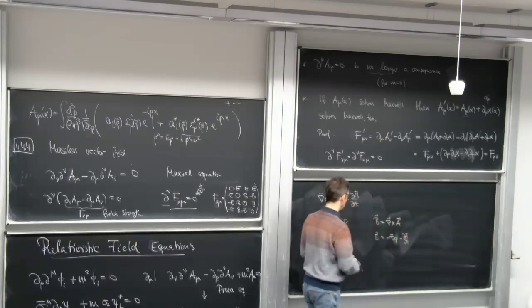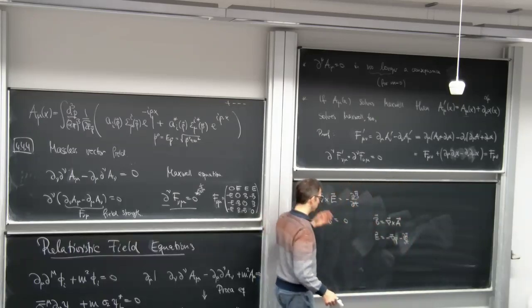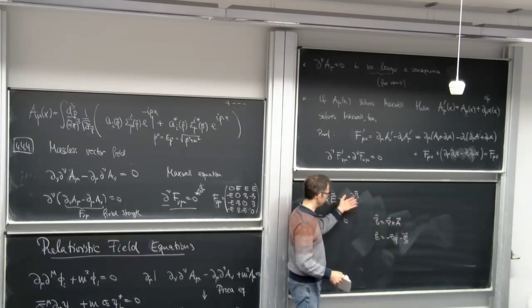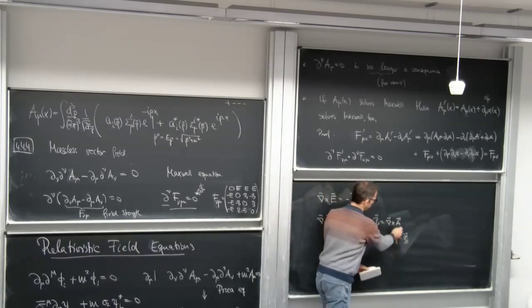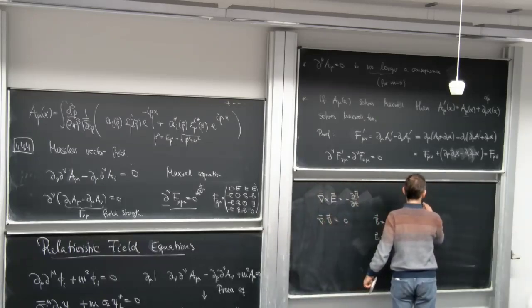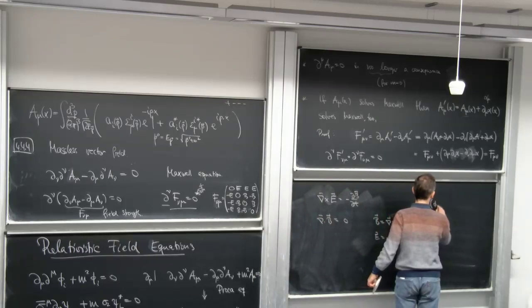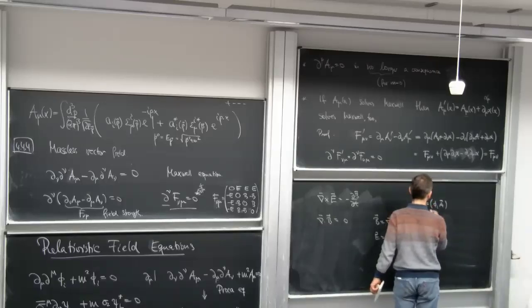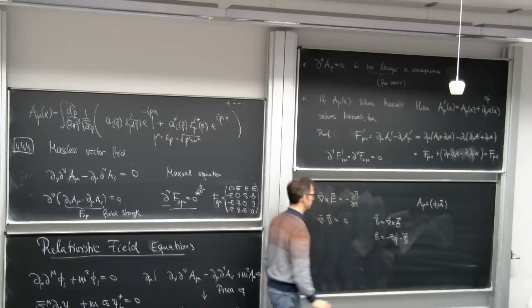And now you express your E and B in terms of A and phi. Not sure if it's up or downstairs, oh, there's a minus there. Forgive me, it doesn't matter, it's just a sign.